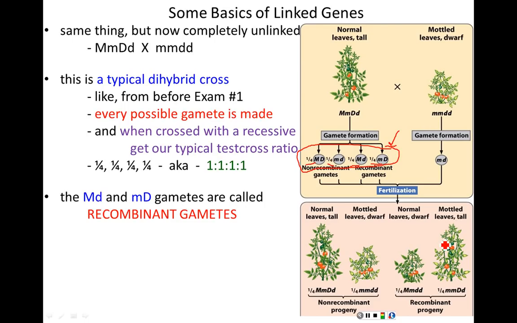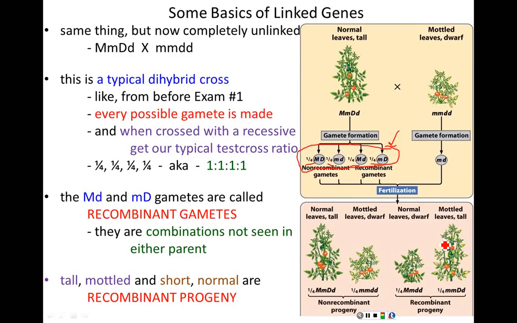Here we use terms like recombinant gametes. The big M little d and little m big D gametes are called recombinant gametes. Did recombination occur? No, it didn't, because these are unlinked genes. But remember, if the definition of non-recombinant is that it looks exactly like a parent, then the definition of recombinant gametes and recombinant progeny is that they don't look exactly like the parents.